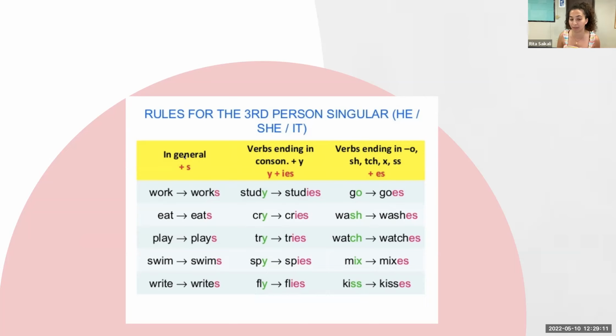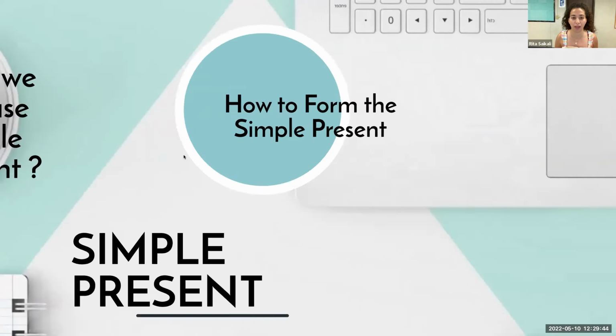But there aren't many of these verbs, okay? And if it ends with O, sh, ch, X, or SS, then you add ES, okay? Goes, washes, watches, mixes, kisses, okay? But again, generally speaking, almost all the verbs end with an S. Okay?